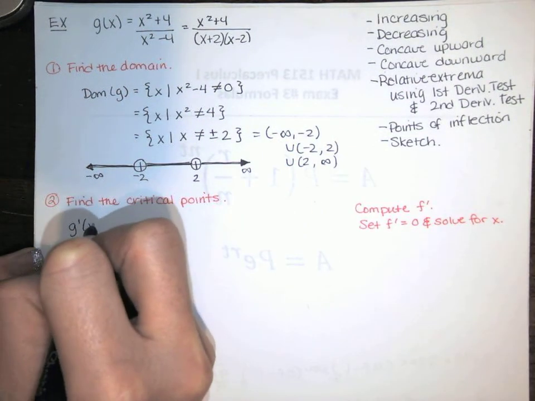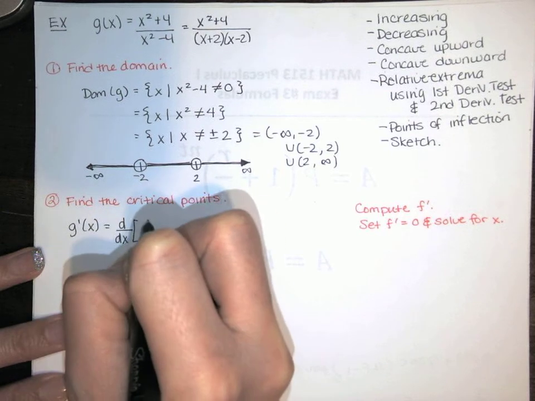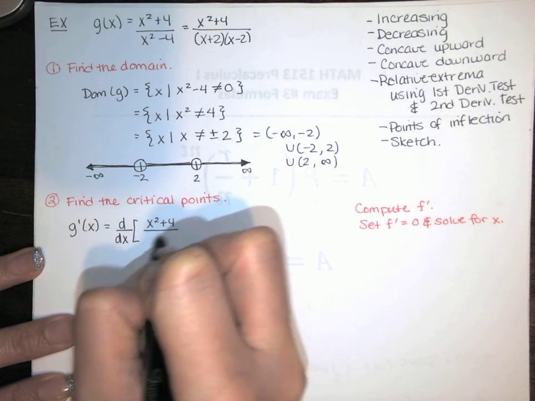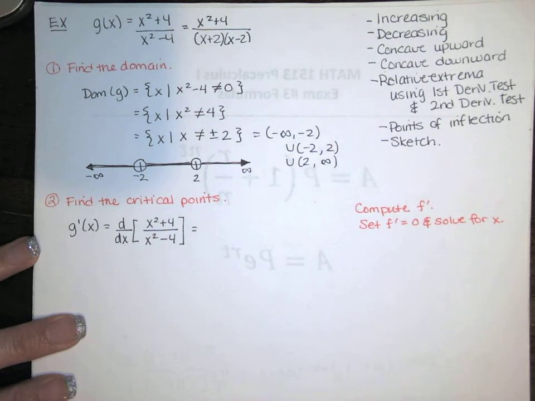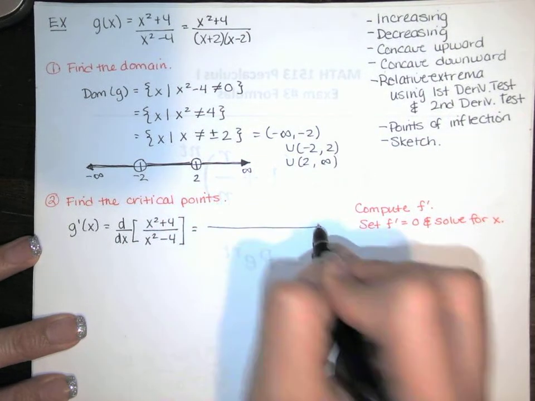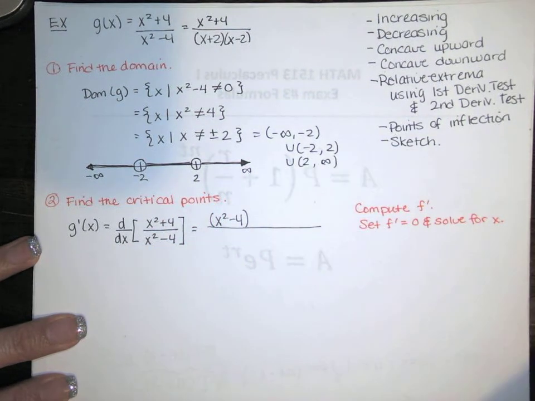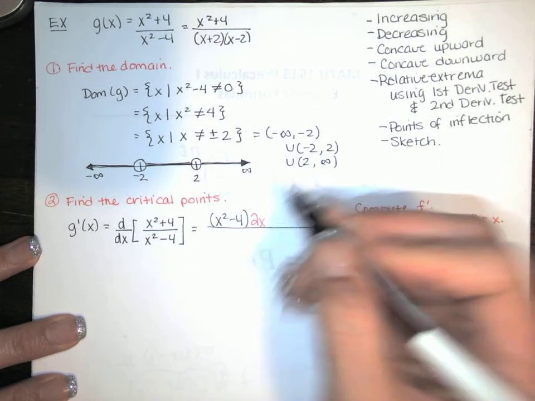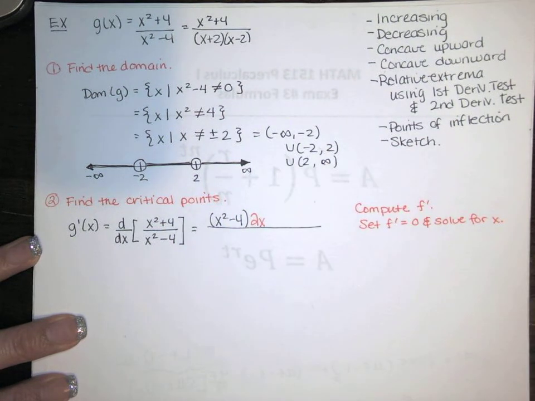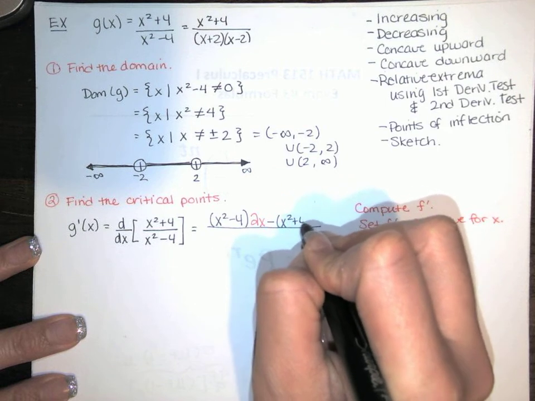So g prime is the derivative of this quotient, x squared plus 4 over x squared minus 4. I have to use the quotient rule. So we get low, bottom function, d high, the derivative of the top function, is 2x, minus high, it's x squared plus 4.